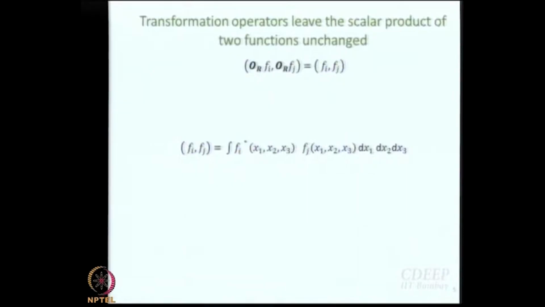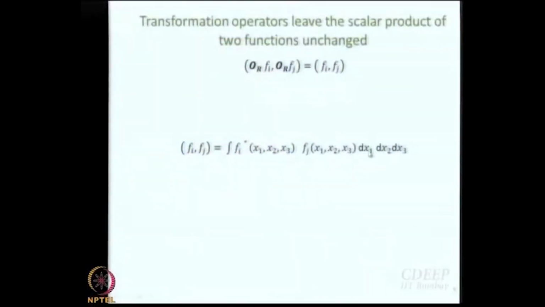We are dealing with functions, which can be represented as linear sum of the Cartesian coordinates x1, x2, x3. I could have written xyz, but x1, x2, x3 is more symmetric than xyz. Good thing is that I can just change the subscript and go from one to other. That is why I have written x1, x2, x3.